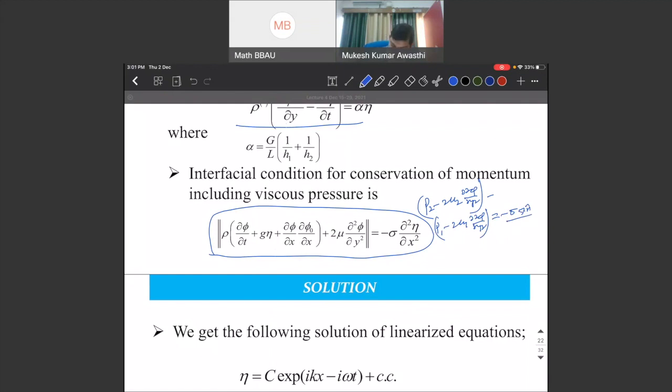Here we can calculate P2 and P1 using the Bernoulli equation, because these are irrotational pressures and we are in the unsteady state, so we can use the potential function. We'll get this equation easily.